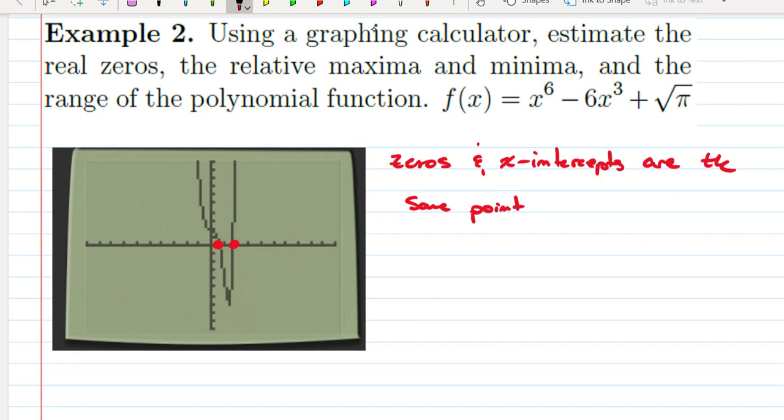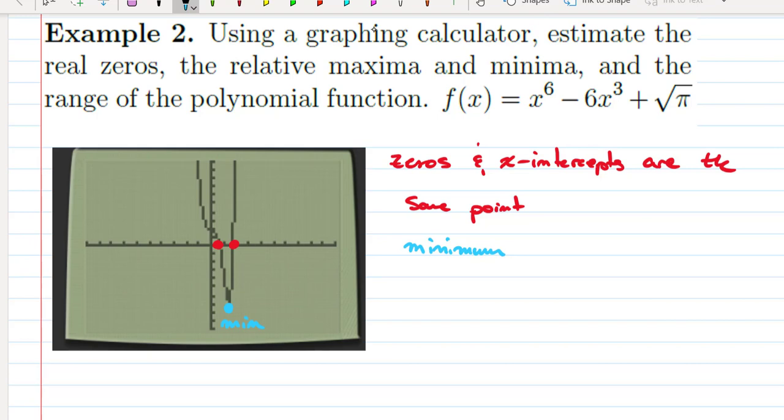So that's these two things. And then to find our relative max and min, we see down here we're going to have a minimum right here. So we can see all of these things on our graph.